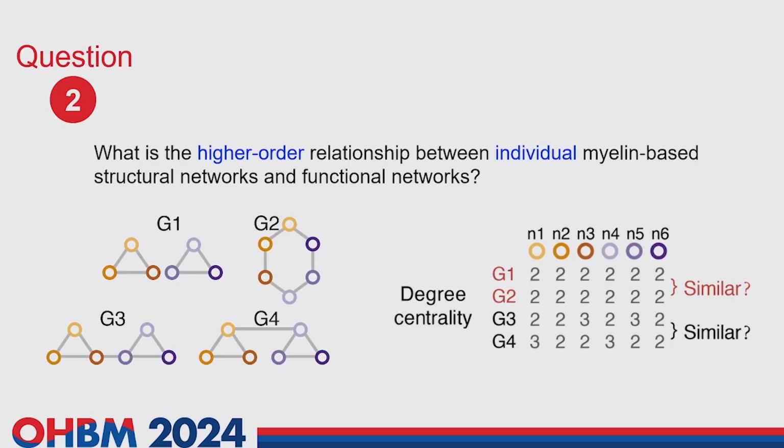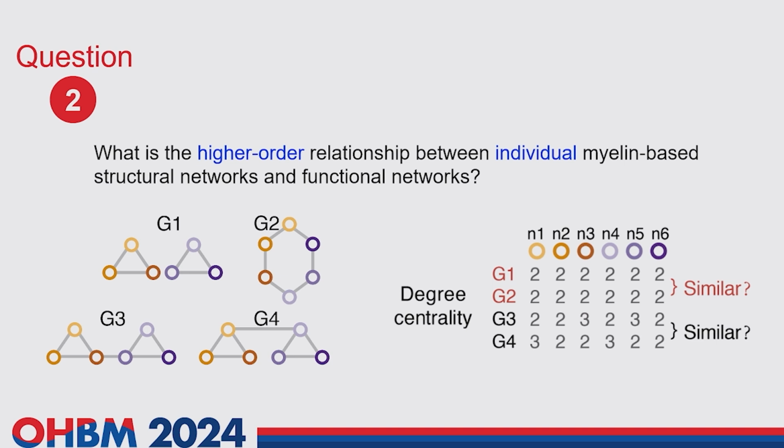The second question is, even though we have the group-level results, I want to know what the high-order relation is between the individual myelin-based structural network and the functional network, as the left panel shows. G1 and G2 have the same nodes, edges, and degree centrality. However, G1 and G2 have totally different topological structure.